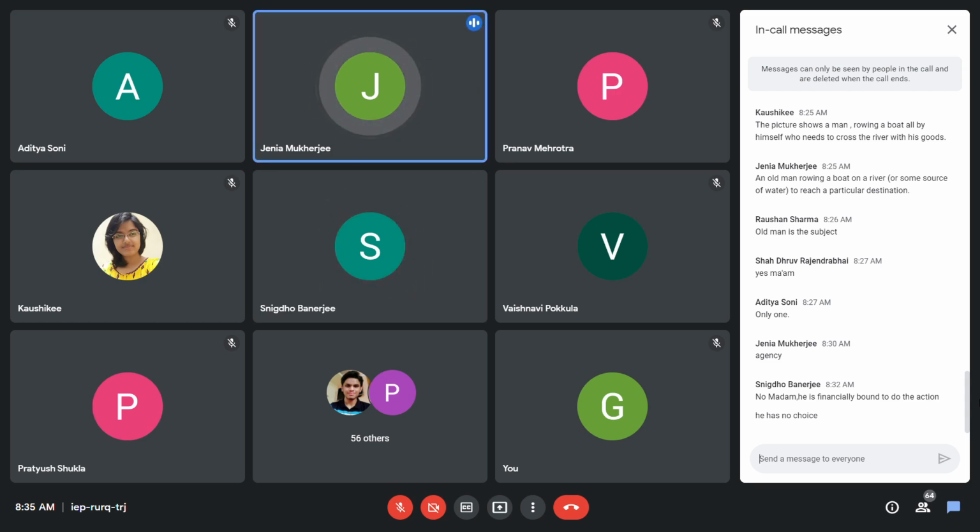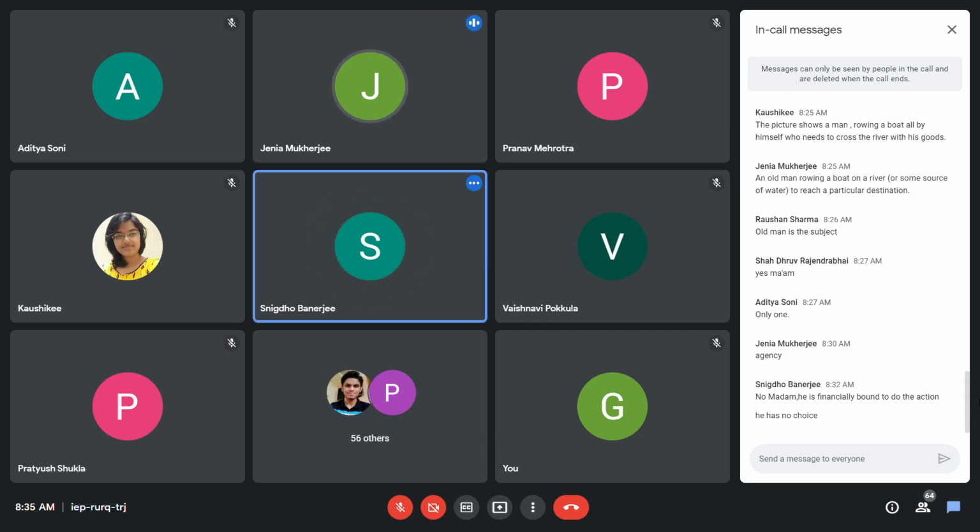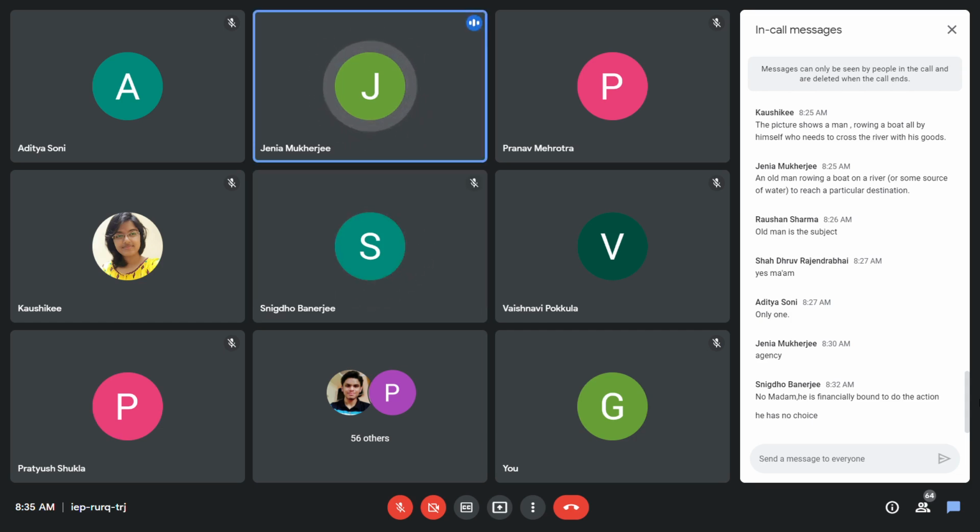All right, so the river becomes the syntactic subject in this case. No, ma'am, it is the meaningful subject. So which means semantic. Yes, ma'am. Okay, so you are ascribing some subjectivity to the river.